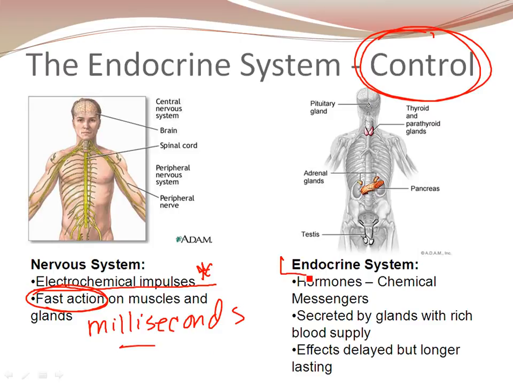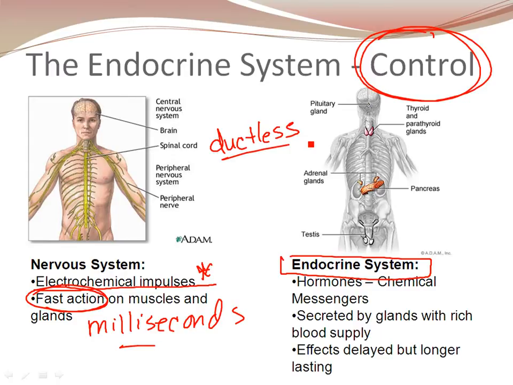Now the endocrine system, in contrast, and hopefully you may remember, dig back deep into Biology 201, is a system of glands within the body, and these are ductless glands, so they don't have little tubes or ducts that carry the products of the gland up to a body surface somewhere.